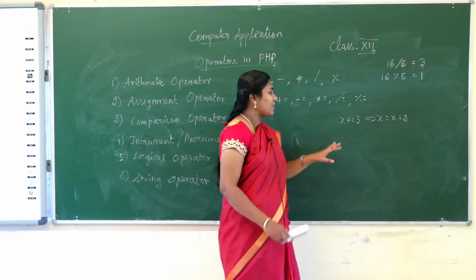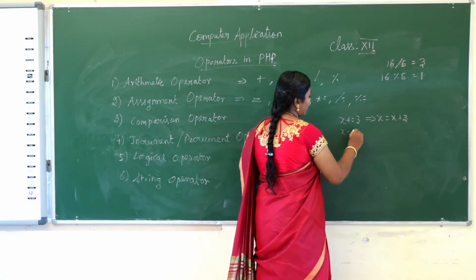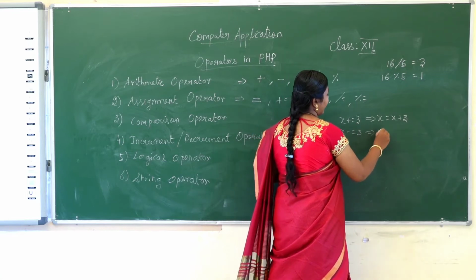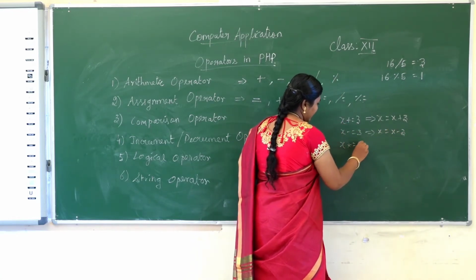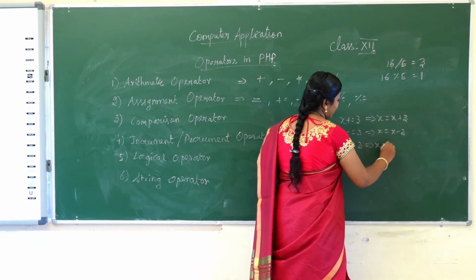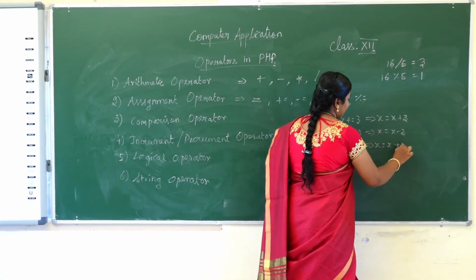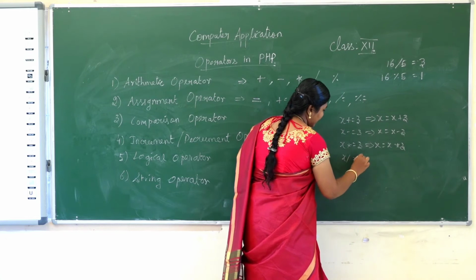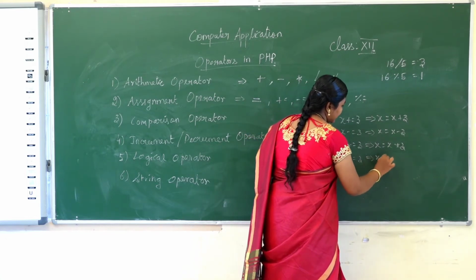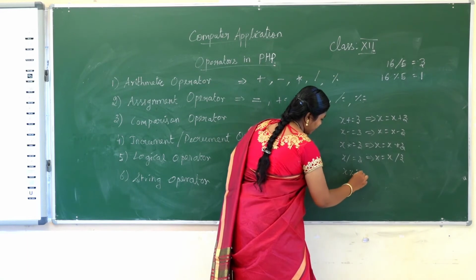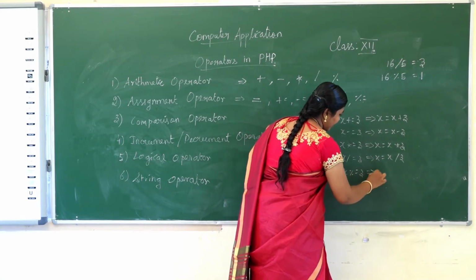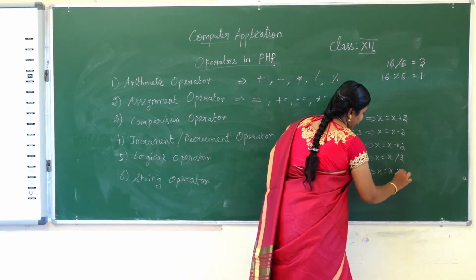This is the arithmetic assignment operator, plus equal to. Similarly, x minus equal to 3 implies x is equal to x minus 3. And x star equal to 3 implies x is equal to x star 3. x slash equal to 3 implies x is equal to x divided by 3, and the same thing for modulo division also. x modulo equal to 3 implies x is equal to x modulo 3.